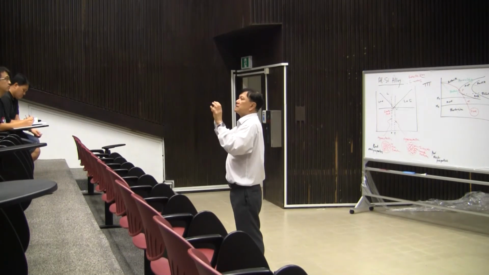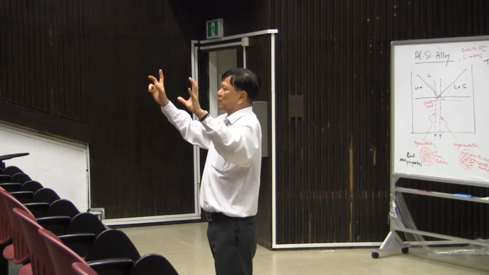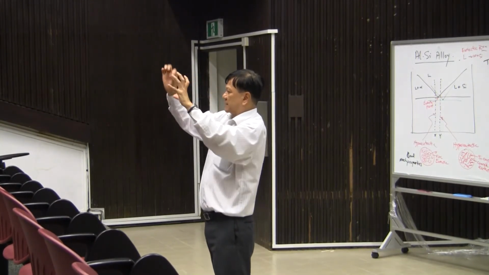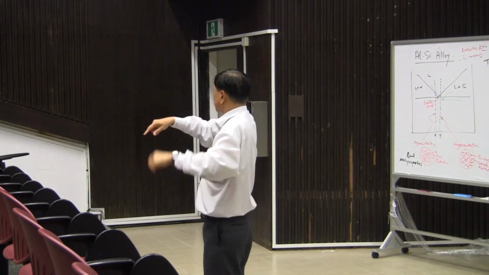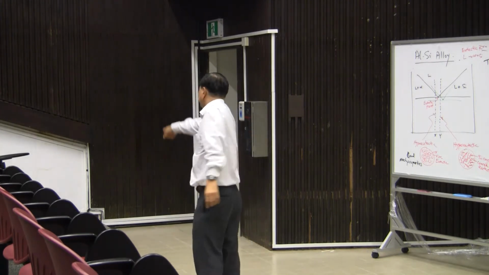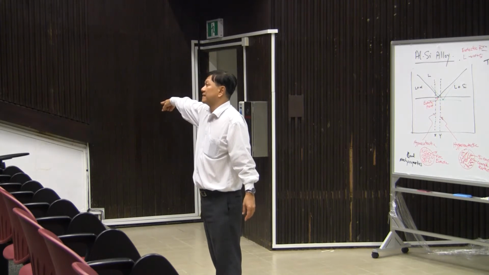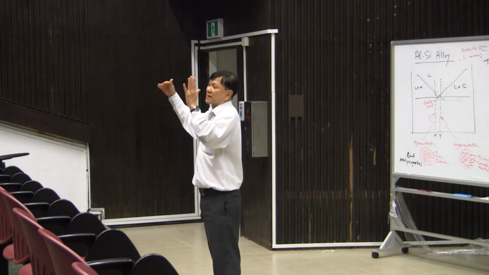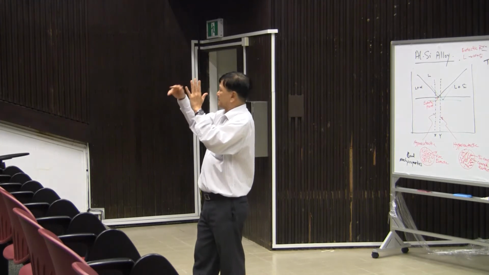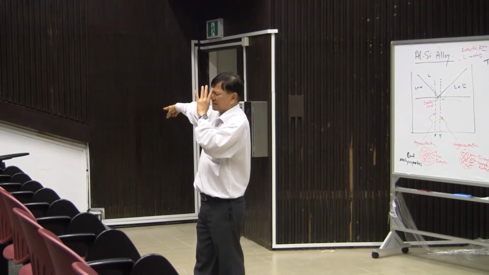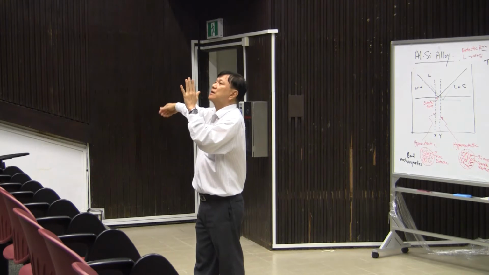Precipitation hardening is due to precipitation. Dispersion hardening is due to solid particles added in. Just like your concrete, what do you add inside? Steel.